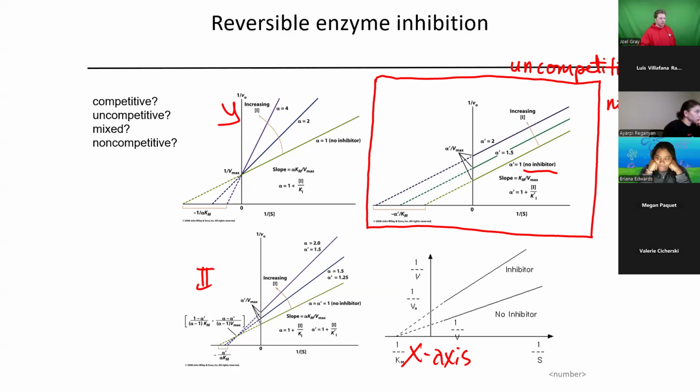Does everyone follow that right there? So we have 4 graphs, but they are kind of separate from one another and distinct from one another. I think that's the best approach to take with this.